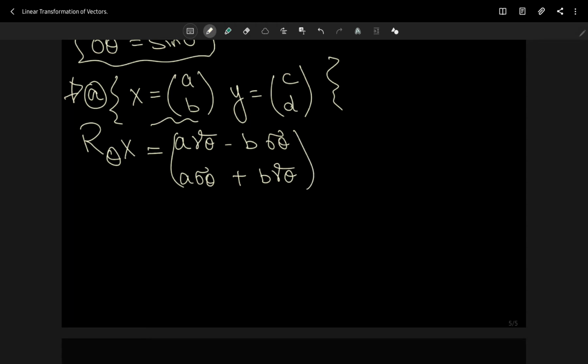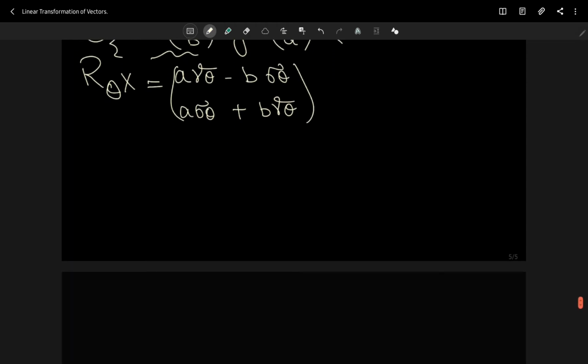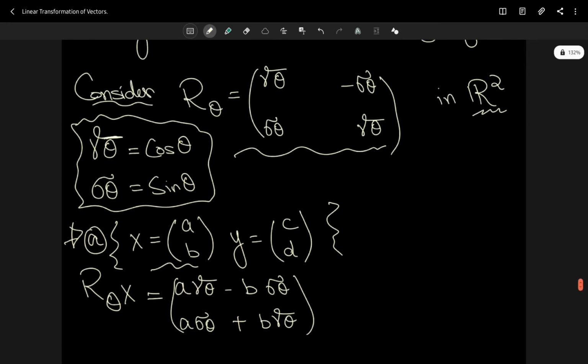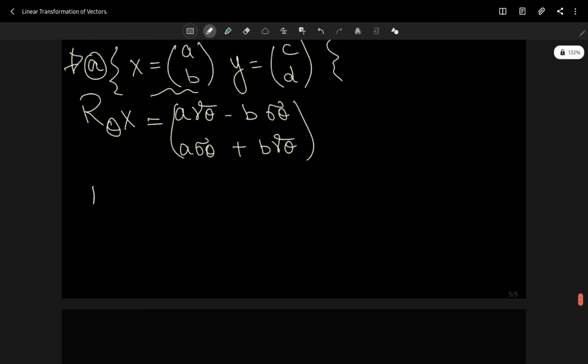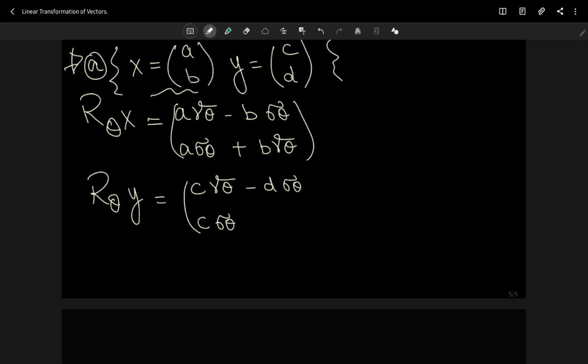So this is the result that you would get if I were to take this rotation operator and act it on X. And if I were to do the same thing with Y, I'll get C times cosine theta minus D times sine theta, C times sine theta plus D times cosine theta, right?